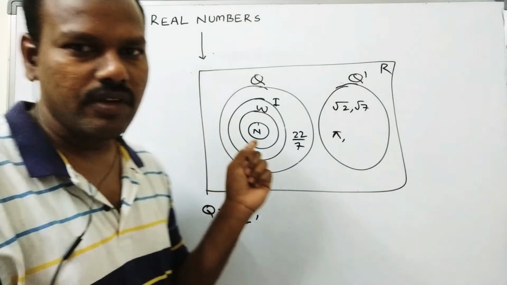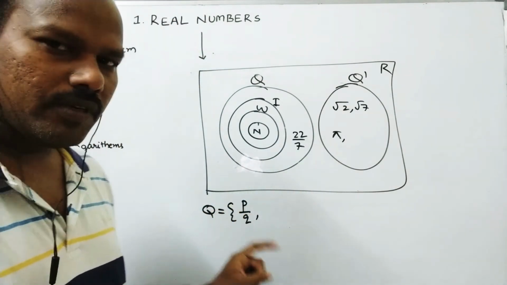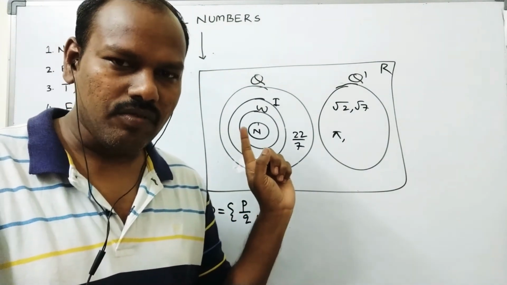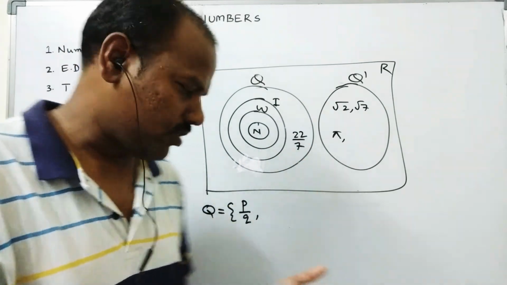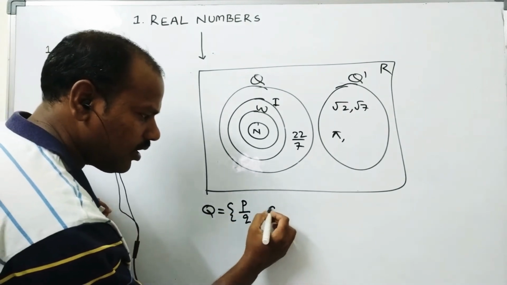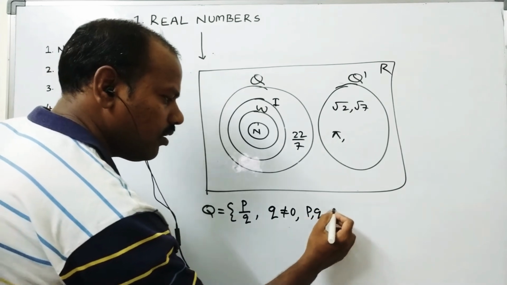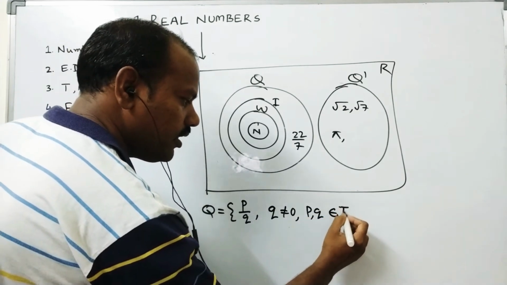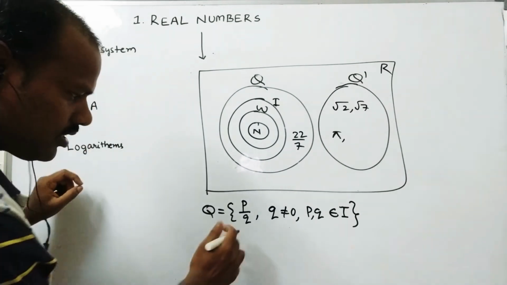A fraction should be written using natural numbers only, so numerator and denominator must be positive when we talk about fractions, but a rational number can be negative also. It should be in p by q form, the denominator must not be 0, and p, q must belong to integers. Then only it is a rational number.